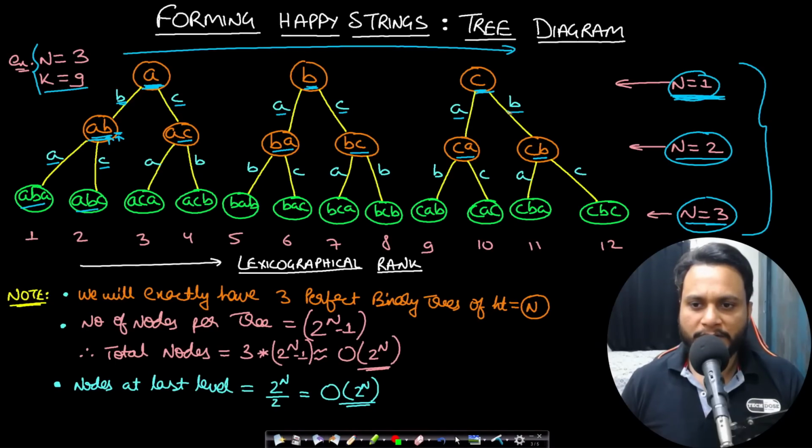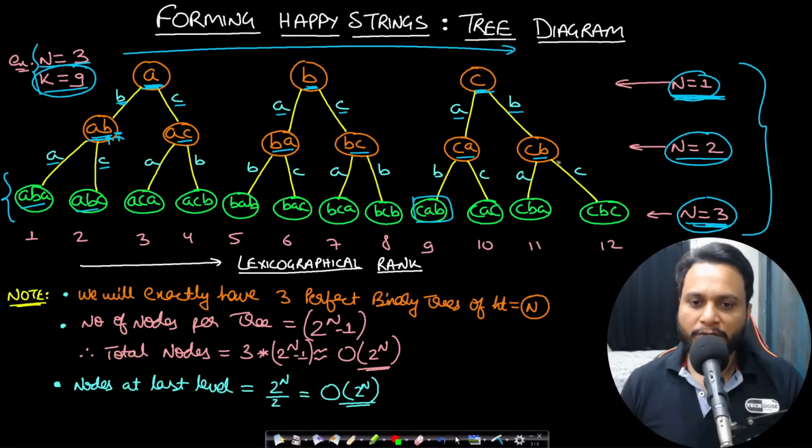So if you process it by using level order traversal, then definitely everything can be produced in lexicographical rank. And after that, if you are looking for the k equals 9th rank, and you know that n equals 3, then when n equals 3, I will capture all these strings, and the 9th rank will be CAB, and that is what is getting returned, right? So this was example number 3.